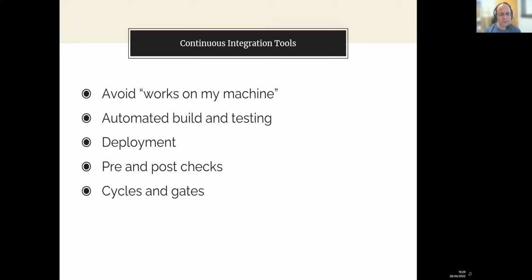Basically, it falls down to a segment of tools called continuous integration tools. These continuous integration tools are basically engines of automation. They do a lot of things. They do a lot of things well. And the main purpose is, first of all, I want to avoid the works-on-my-machine syndrome.